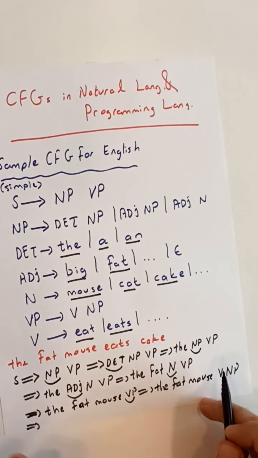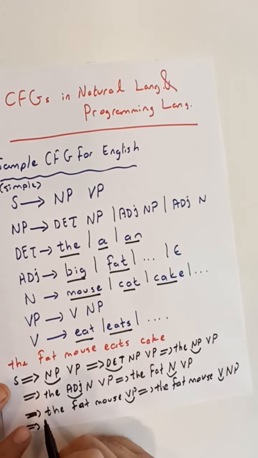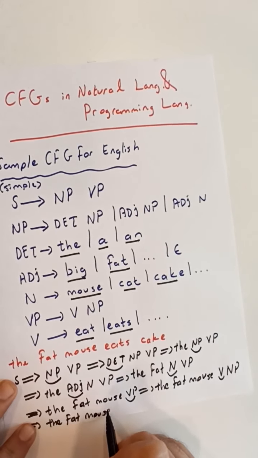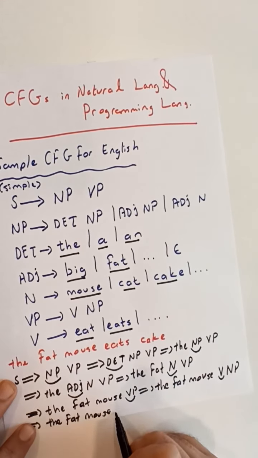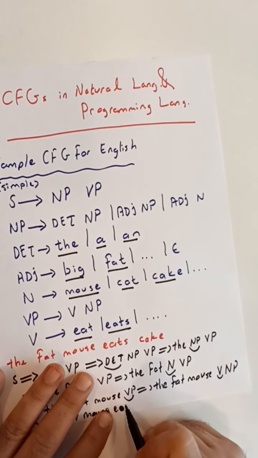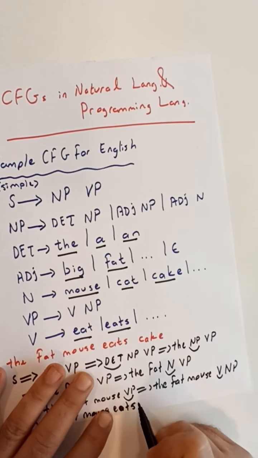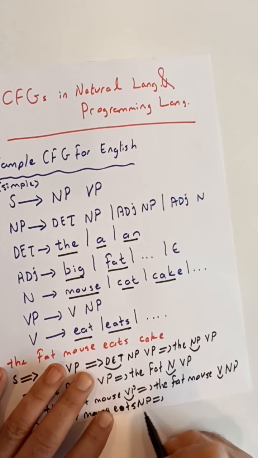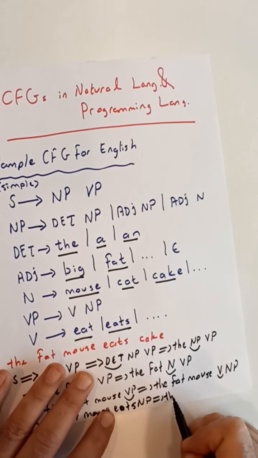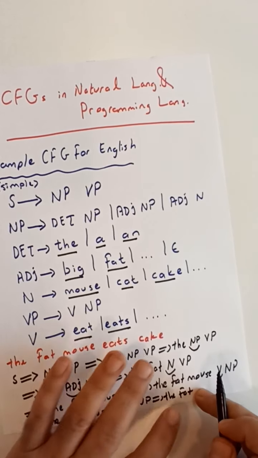Next, we would need to expand this verb, which would be the fat mouse. In this case, our verb is eats, followed by noun phrase. Finally, we would need to expand our noun phrase.